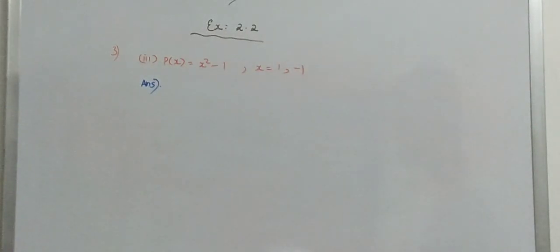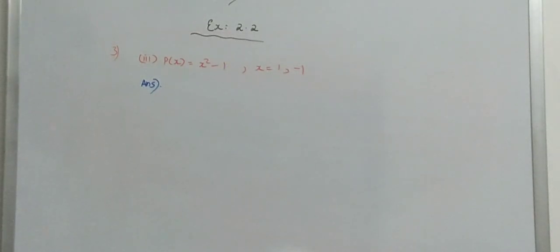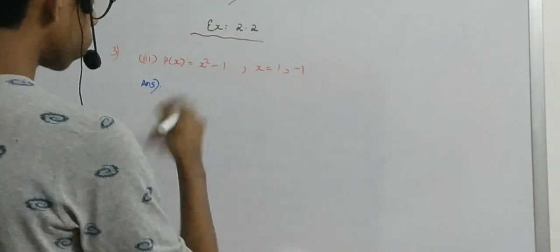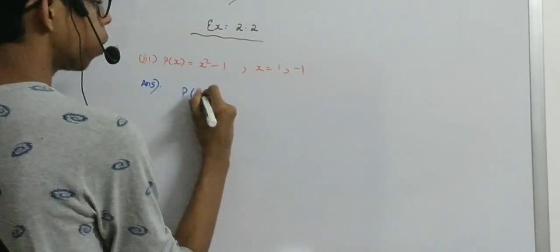Our next one is p of x is equal to x square minus 1, where x is equal to 1 and minus 1. We have to see whether these are the 0s of the polynomial. Since this is a quadratic polynomial, there will be two roots. So let us see whether 1 and minus 1 are the roots of this polynomial. First we will see for p of 1.